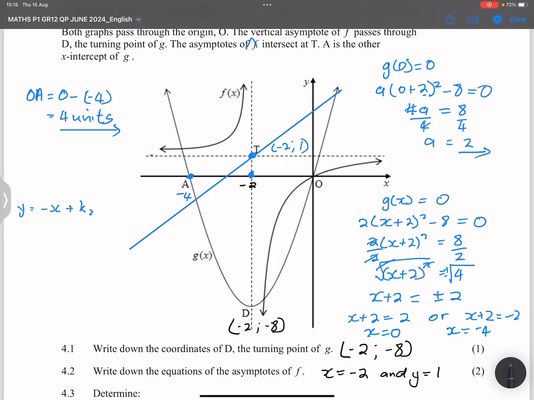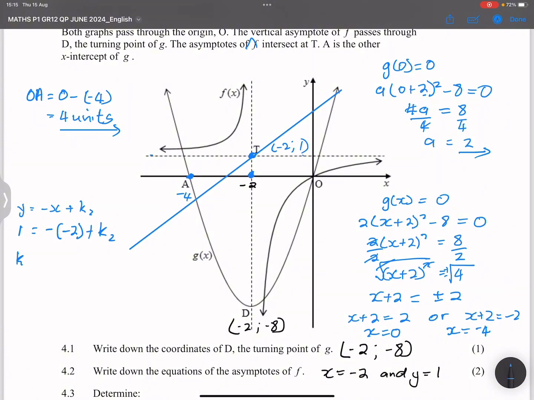So y is 1. When y is 1, x is negative 2 plus k2. So in this case, negative times a negative becomes a positive 2. When we take it to the other side, it becomes negative 2. So negative 2 plus 1 will give us negative 1.